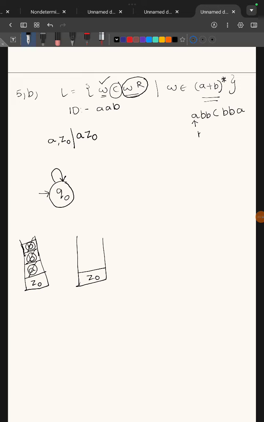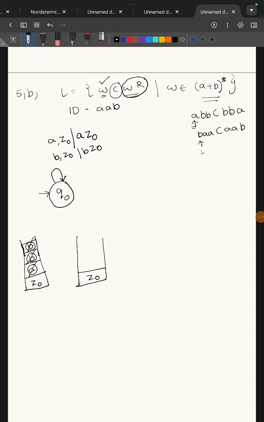Suppose we have a string like this, which is also a palindrome. What is the first symbol I am going to see? B. Here it is A, here it is B. Suppose we are seeing B as the first symbol and Z0 is the top of the stack, we will push the B inside my stack.